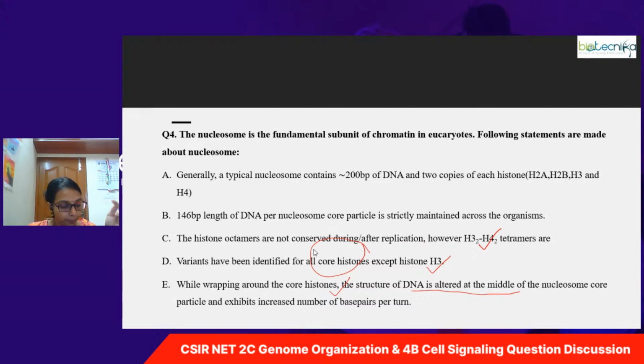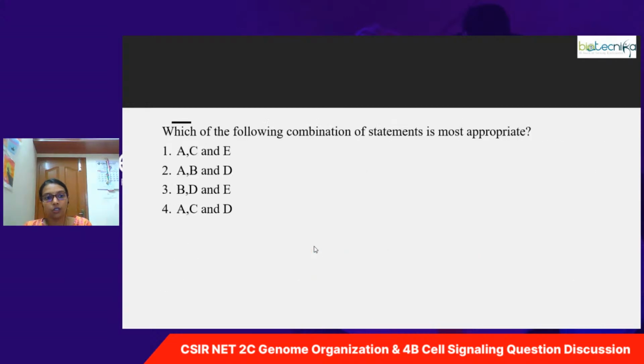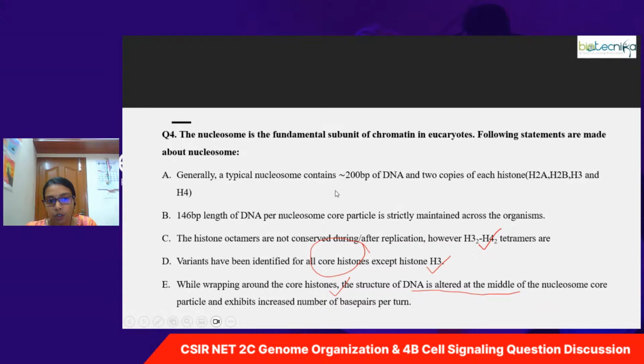So let's find out. The correct answer over here, as mentioned in the very beginning by Anchal, yes, you are correct, A, C, and E. So a typical nucleosome contains approximately 200 base pairs of DNA. Why is it called approximately 200 base pairs of DNA?